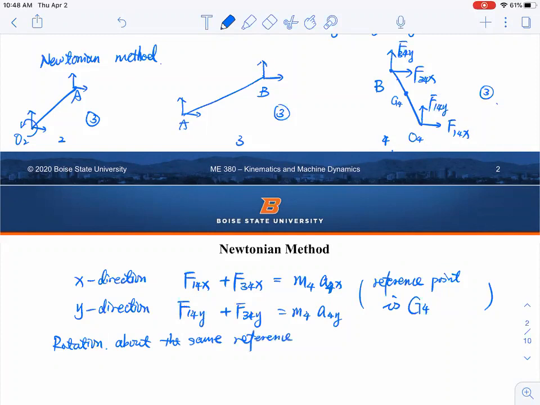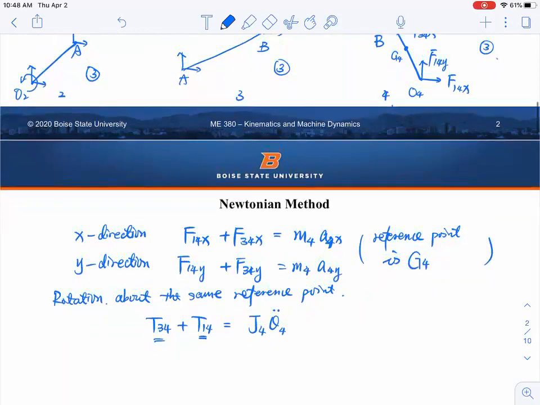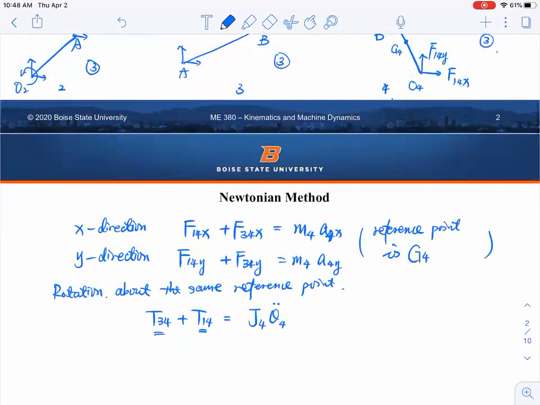That's very important. All right, so then again, we have T34 plus T14. That's going to generate an angular acceleration. And we know that T34 is the torque associated with F34, and T14 is the torque associated with F14.